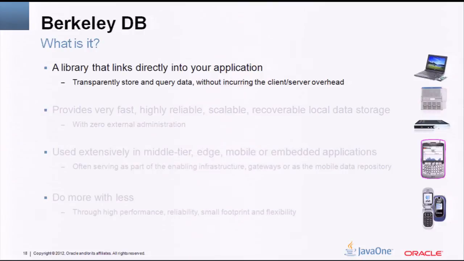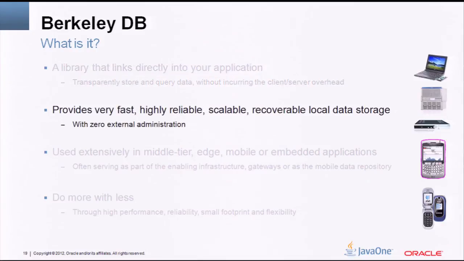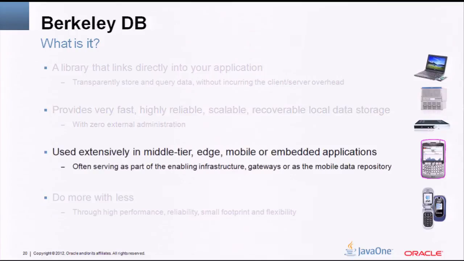We'll go through now the main characteristics of Berkeley DB, describing what it is. Number one thing to remember, Berkeley DB is, as I said, a library that links into your application. The idea here is to provide very fast but highly reliable and scalable local data storage that is also recoverable. As I mentioned, it's used extensively in the middle tier, edge, and mobile or embedded applications.